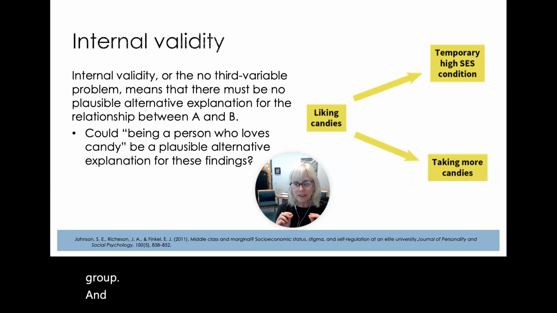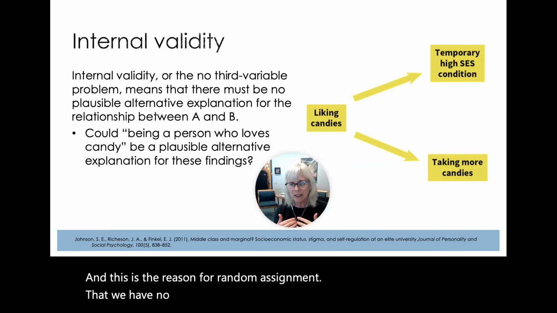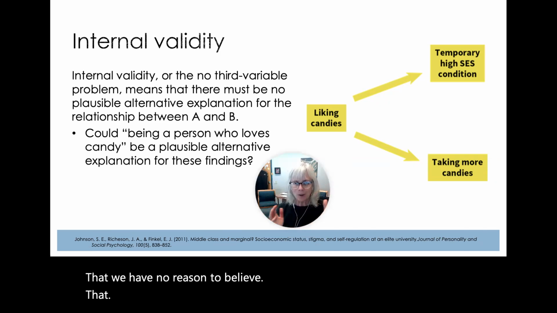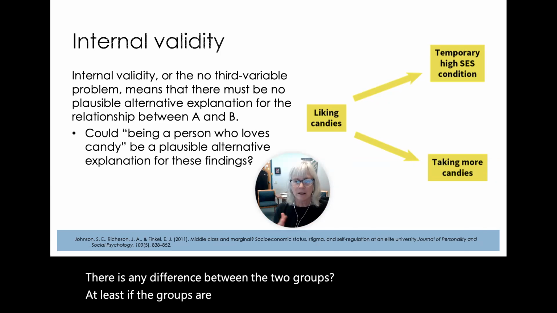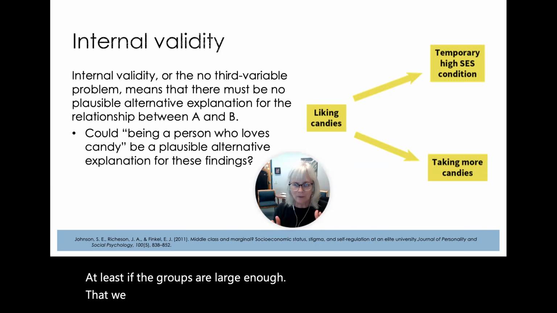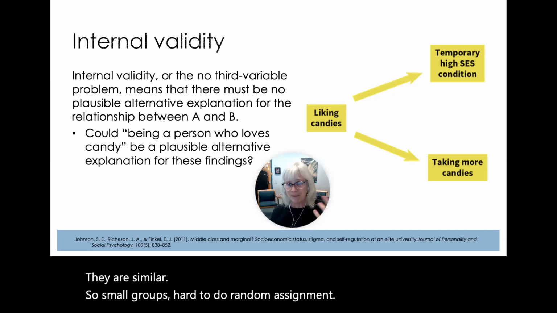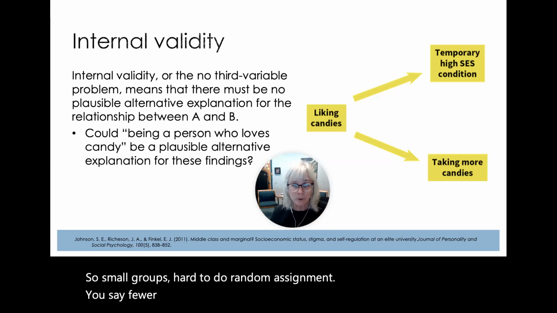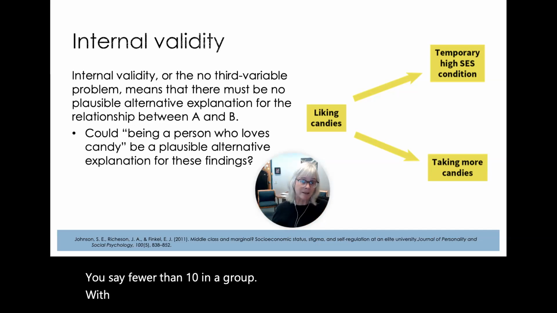And this is the reason for random assignment, that we have no reason to believe that there is any difference between the two groups, at least if the groups are large enough that we can really believe that on average, they are similar. So small groups, hard to do random assignment. Say fewer than 10 in a group. With a group of, say, 50 for each group, it becomes much easier.